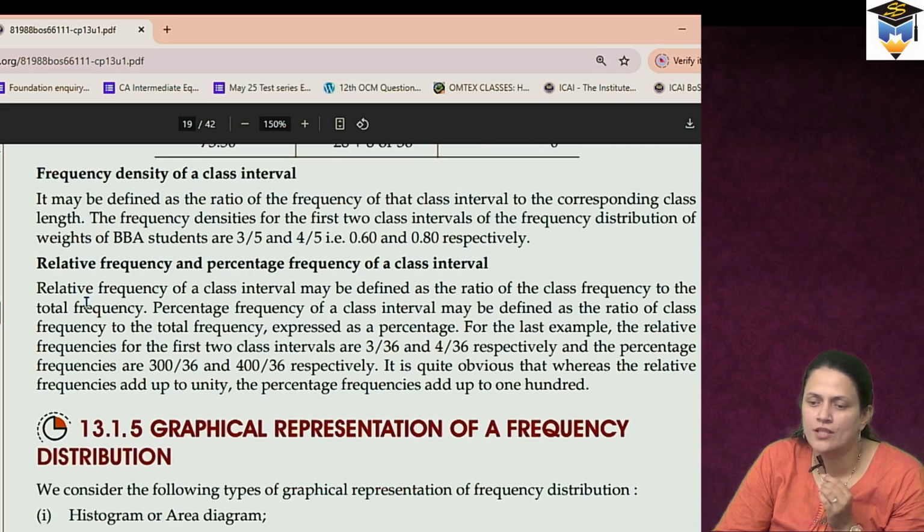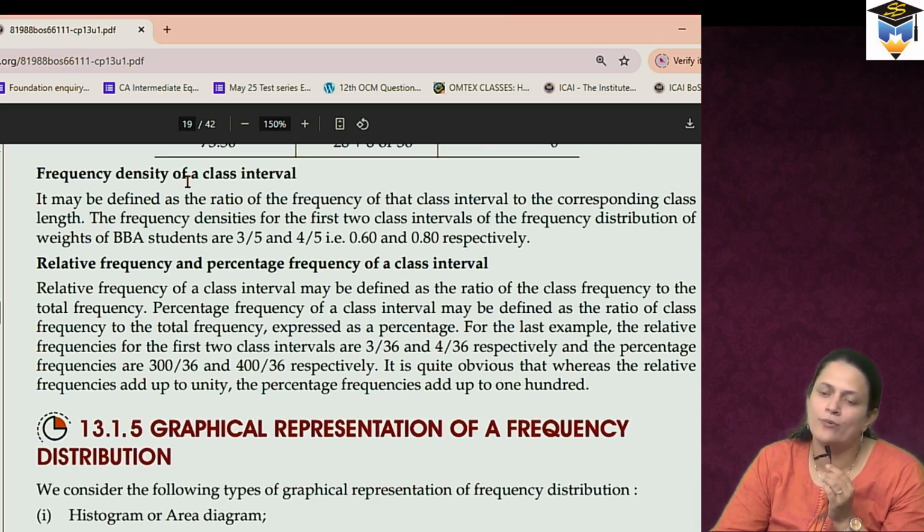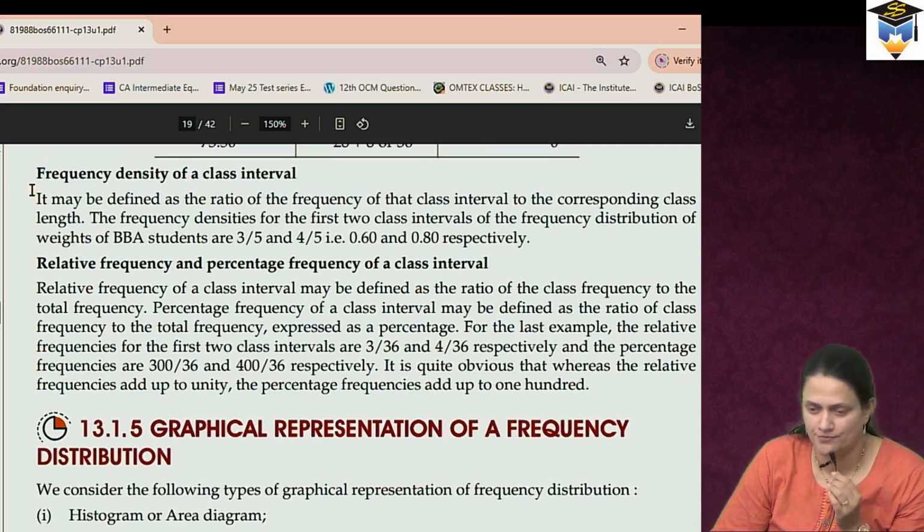Now, frequency density. Write down: frequency density of a class interval.